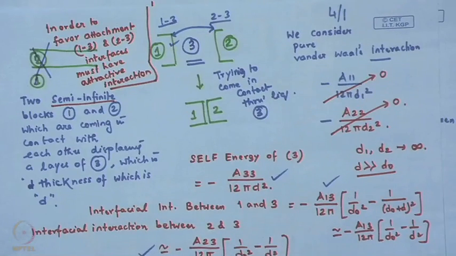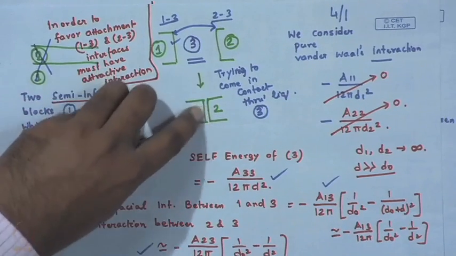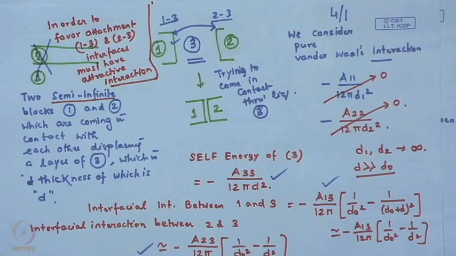Okay. So, the moment these two have attractive interaction, of course, the blocks 1 and 2 would come into contact, but the film that was initially separating them has to disintegrate and disappear or rupture in favor of attachment of these two interfaces.